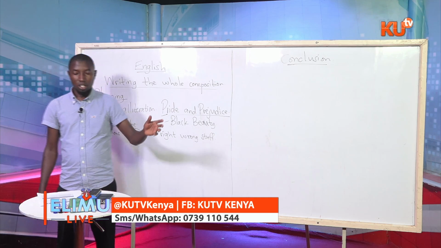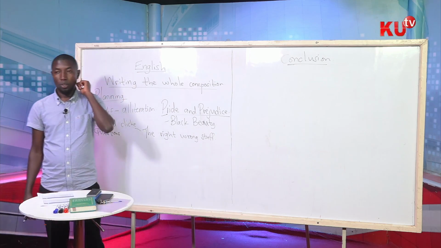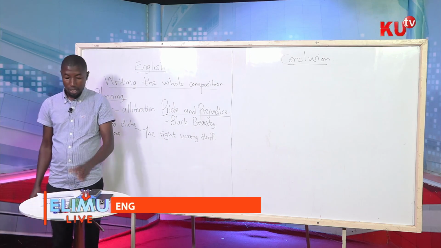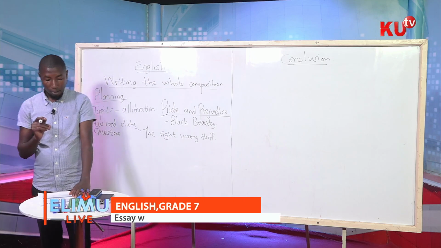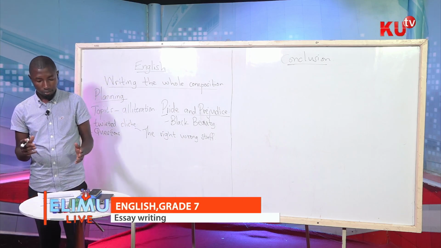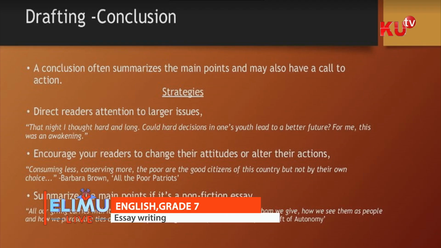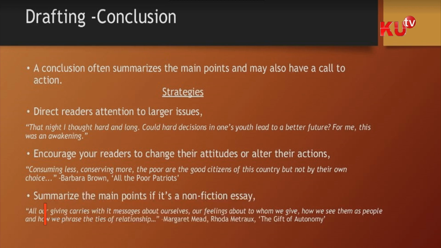The other strategy, the third strategy of writing conclusions, is summarizing the main points, especially if it's a non-fiction essay. So there's an example of an introduction here from a book by Margaret Mead and Rhoda Matrix called The Gift of Autonomy.